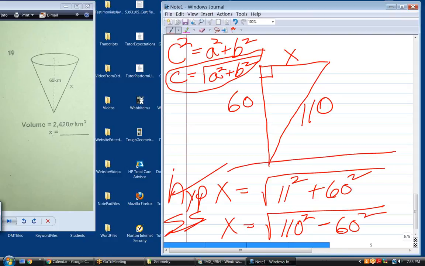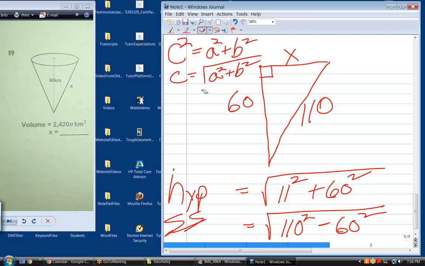So if you can memorize those two equations, now obviously the x is not the same here. I should call that the hypotenuse is equal to that, and the short side is equal to that. But if you can memorize these two, you can always go directly to these, and you don't have to start at the beginning.